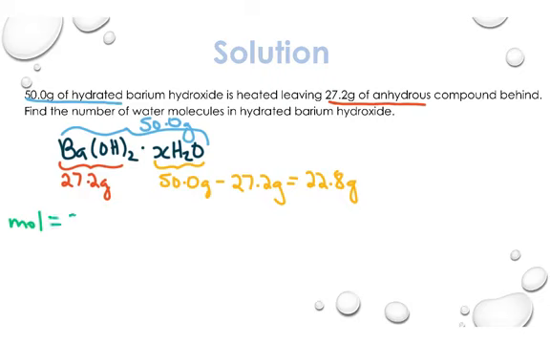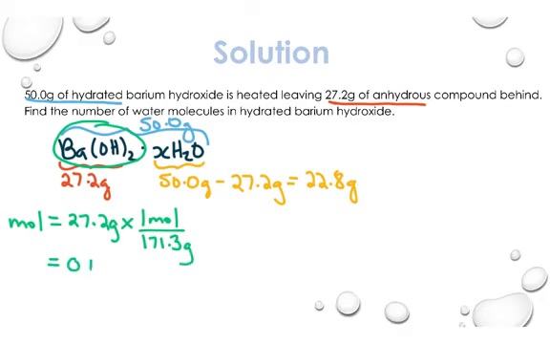So moles of barium hydroxide is 27.2 grams of that, 1 mole over molar mass. And again, we're just working on this half right now. So our molar mass is going to be 1 barium, 2 oxygens, 2 hydrogens for 171.3 grams. Grams will cancel, leaving us with 0.159 moles.